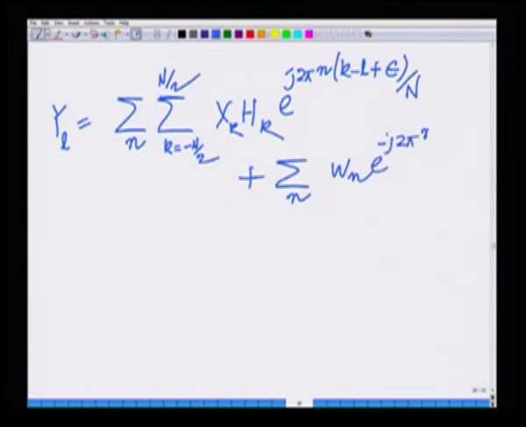Let us employ the similar simplification: when k equals L, this reduces to e^(j2πnε/N), and when k is not equal to L, there is some other expression.